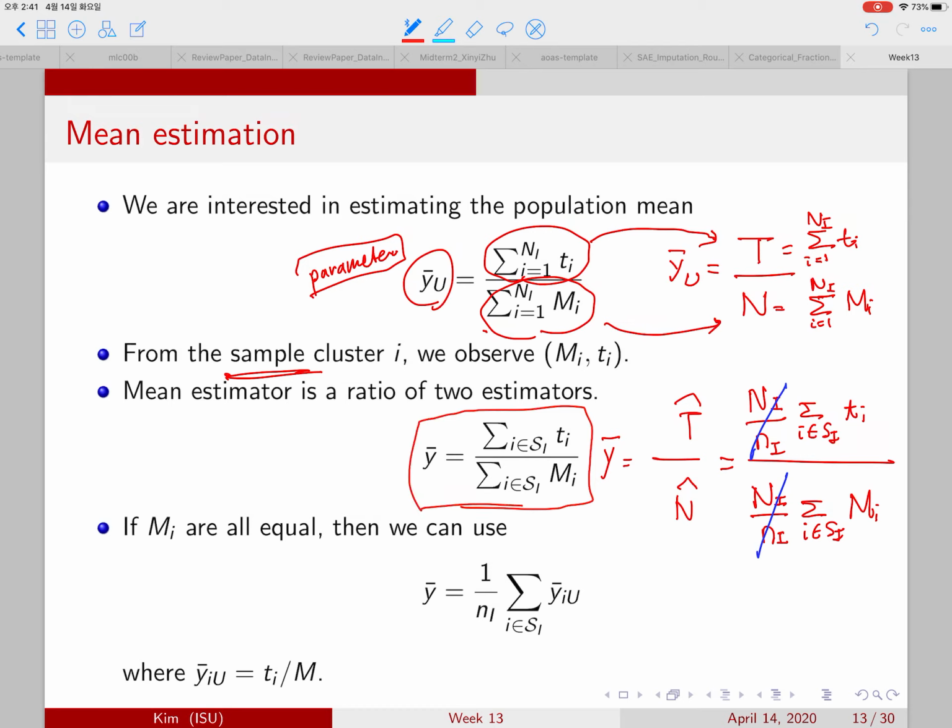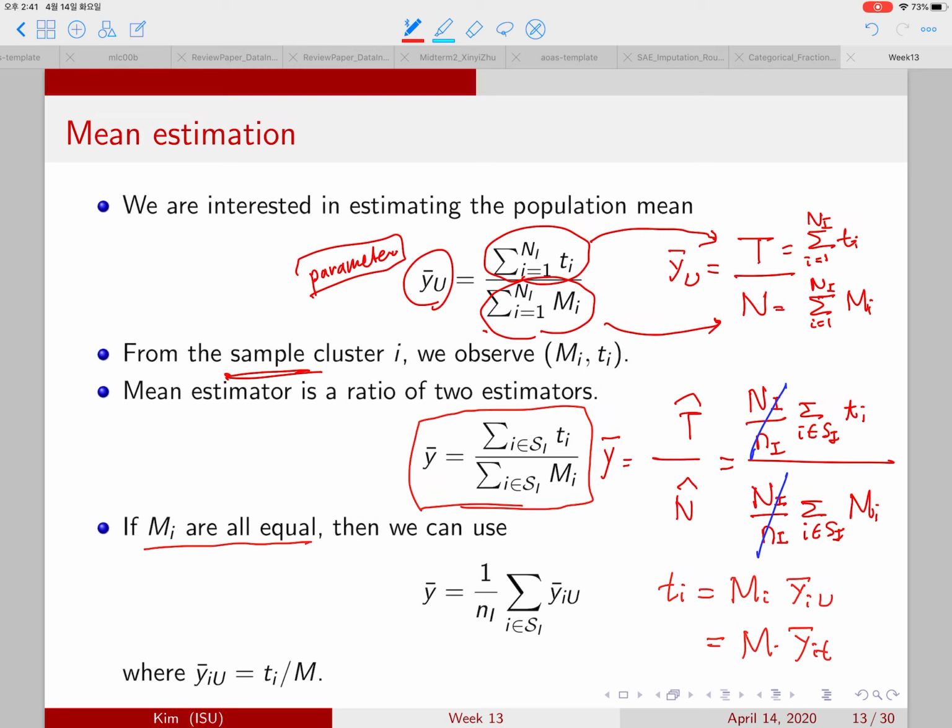Okay, so if the M_i's are all equal, then basically M can go outside. If the M_i's are all equal, then t_i is equal to M times y bar_iU, and so M cancels.